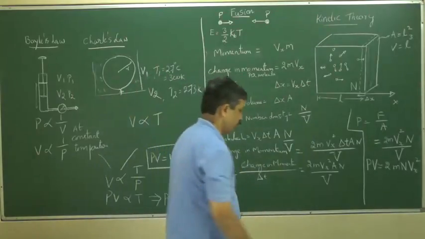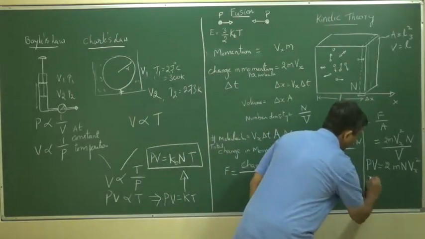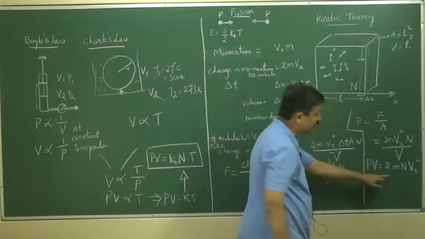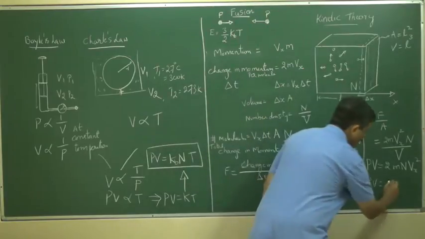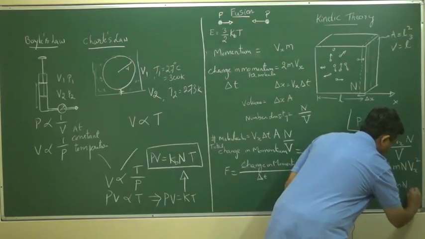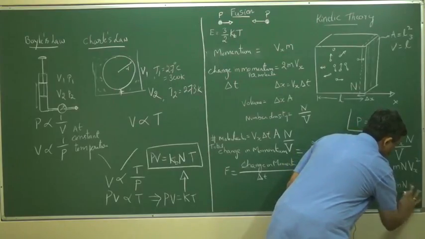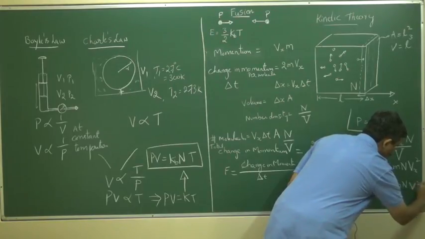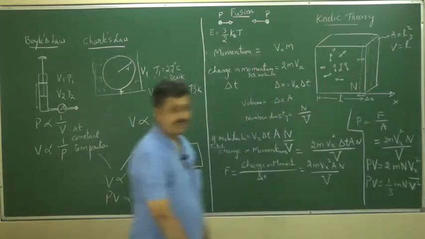So then we can simply say real velocity PV is equal to this divided by 6. That divided by 6 is simply nothing but 1 by 3 mN into, so I am going to now write V square and put a dash on the top of it.